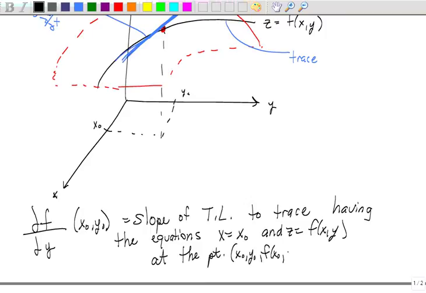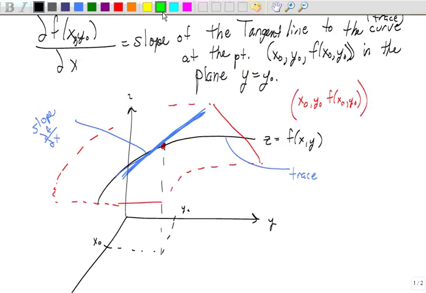So when we draw that, draw it in green, this is the x0 plane.